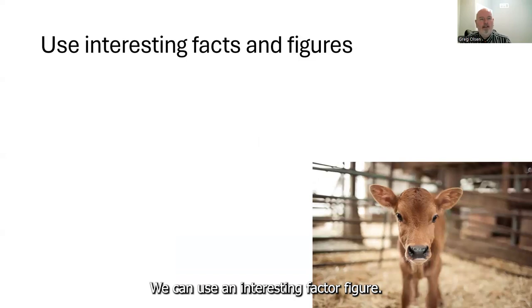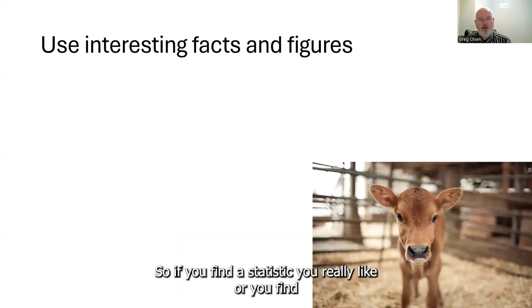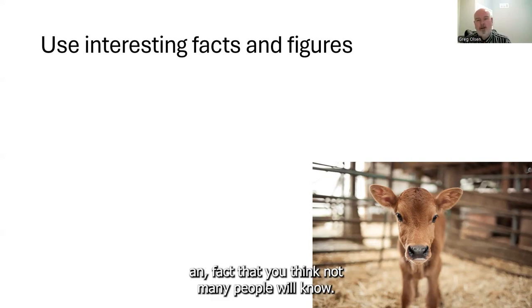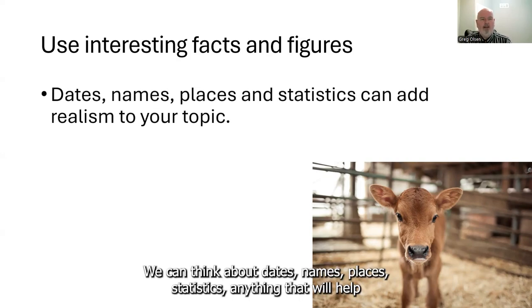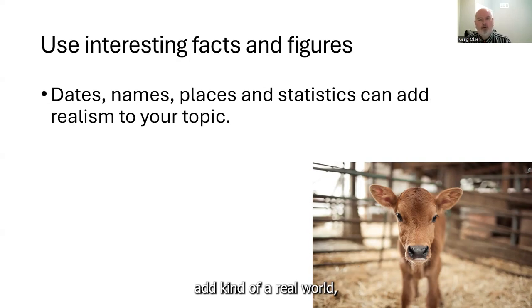We can use an interesting fact or figure. So if you find a statistic you really like, or you find a fact that you think not many people will know, we can start that way and then lead into the essay. We can think of dates, names, places, statistics, anything that will help add a real world avenue into your essay. It helps by staying objective, again, sticking with factual information.